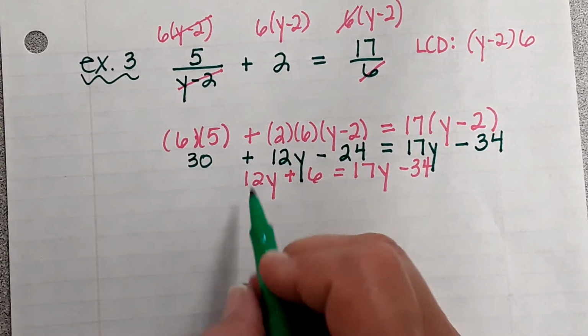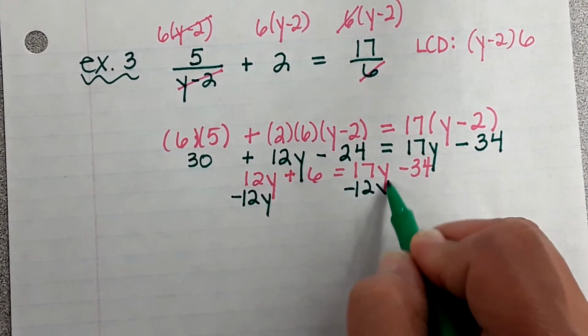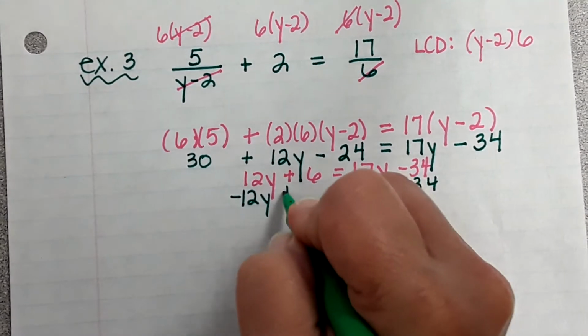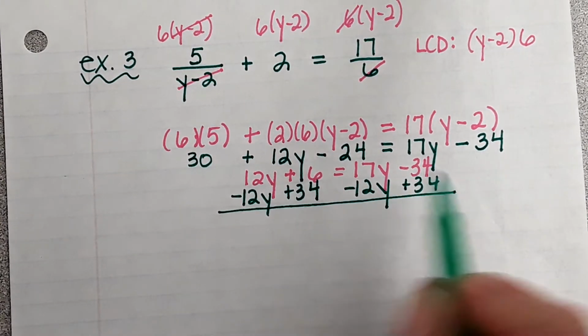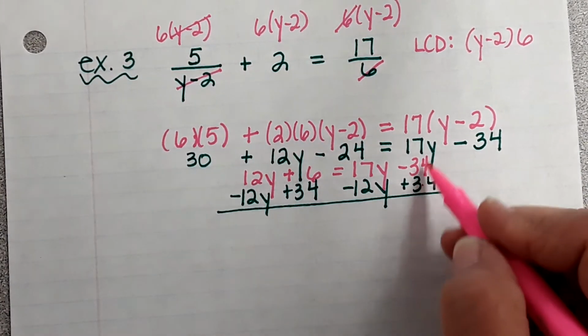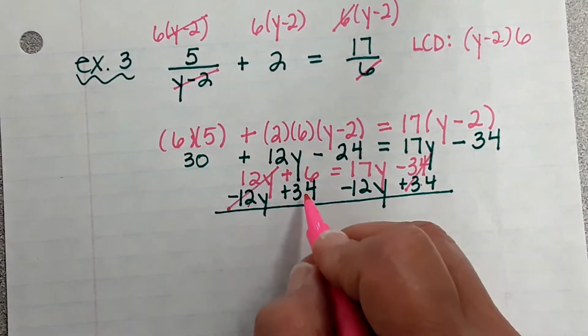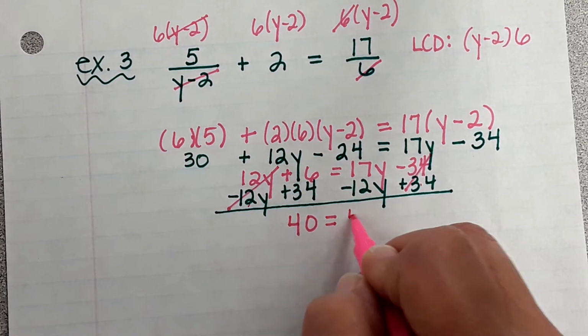So I'm going to move the 12y from this side over here because it's smaller than 17y, which means I have to move the 34 over to this side. Remember, if you're moving your variable to the right-hand side, all the numbers without variables go to your left-hand side. These cancel out because they're opposites. These cancel out because they're opposites. And I'm left with 40 equals 5y.